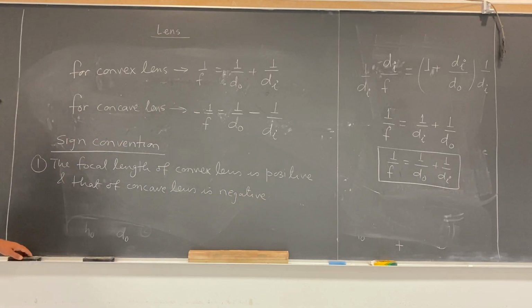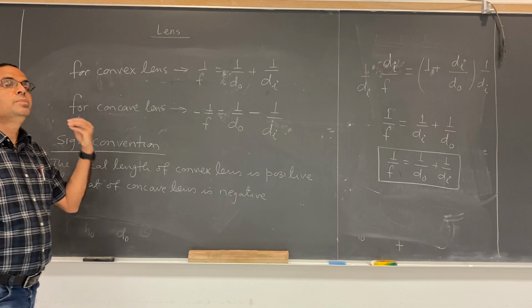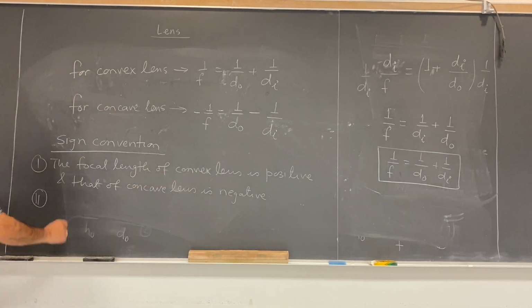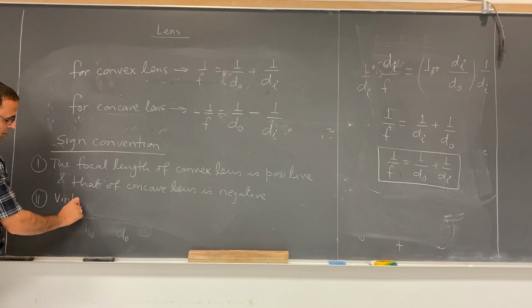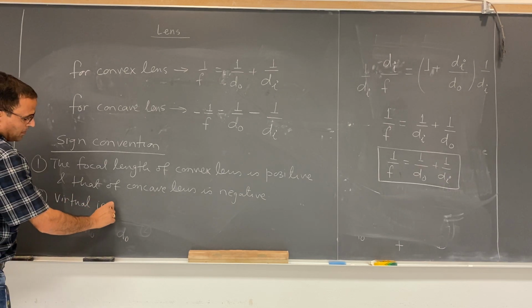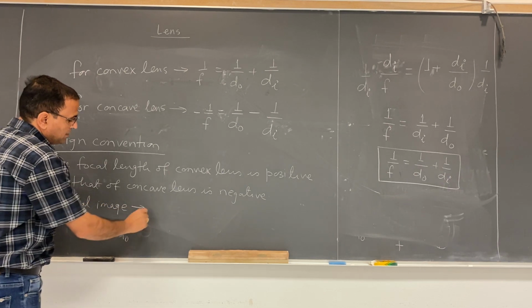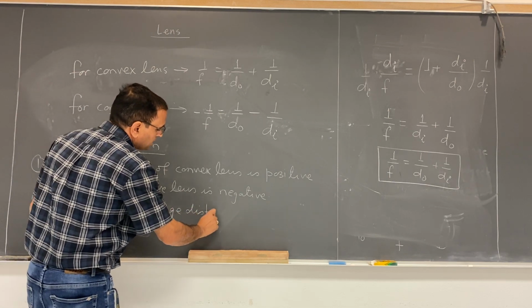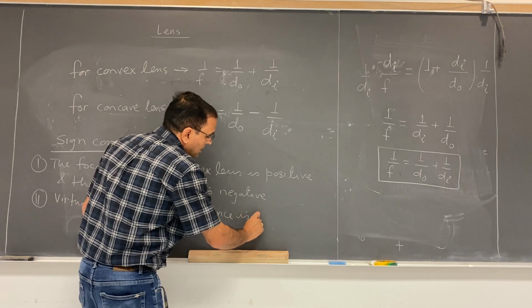Okay. Number 2, the image distance of a virtual image. If you have a virtual image, the image distance is negative.